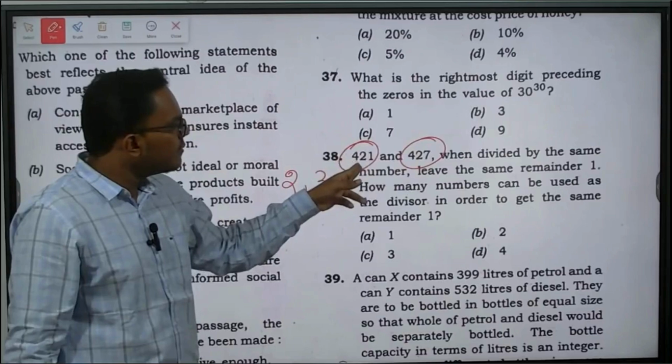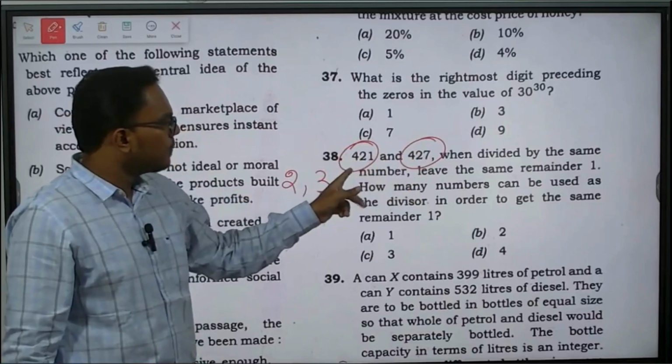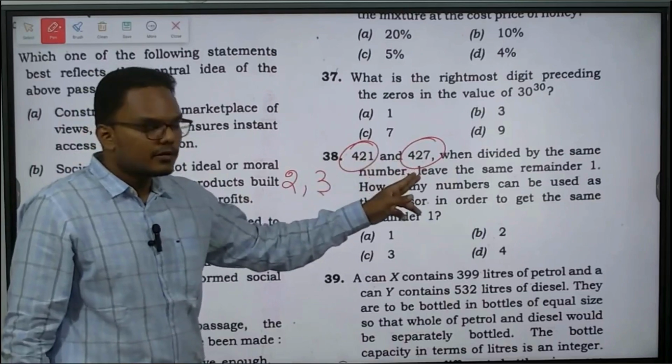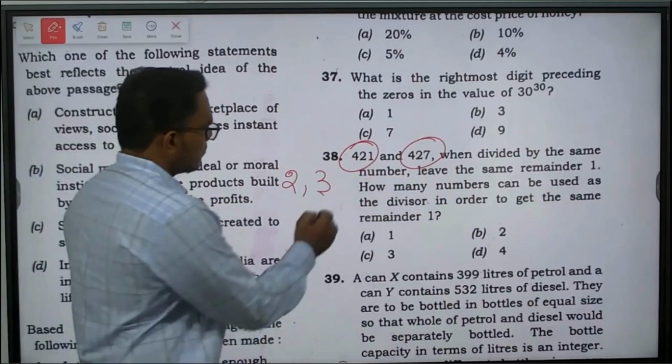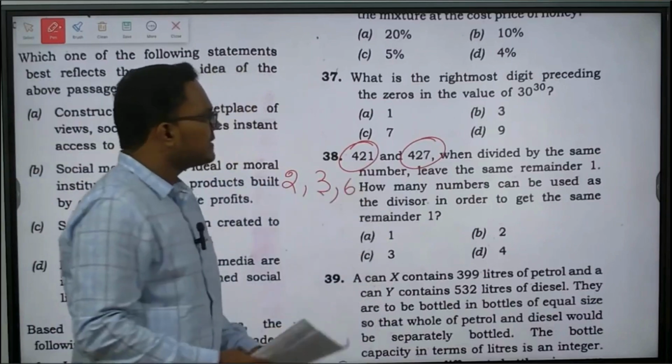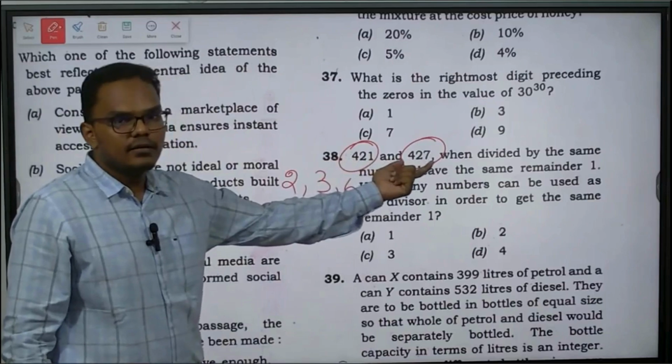If you divide by 5, here you'll get remainder 1, and here remainder 2. If you divide by 6, here you'll get remainder 1, here also remainder 1. If you divide by 7, here you'll get remainder 1, but this will divide perfectly.